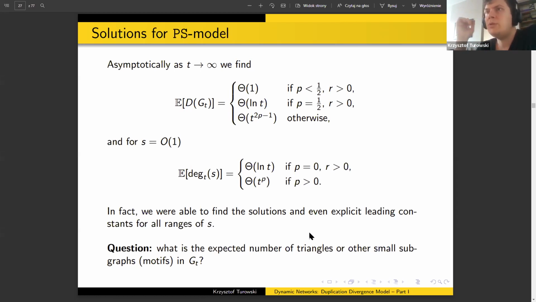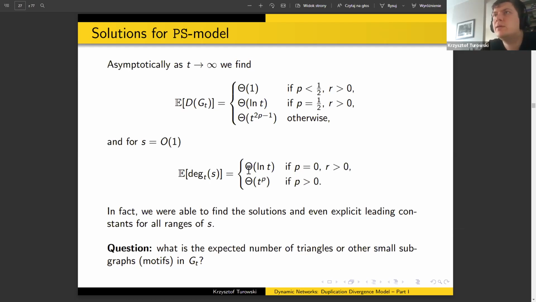So eventually, it is all more or less, in the largest case, proportional to t over p, but with some differences mostly in the leading constants.